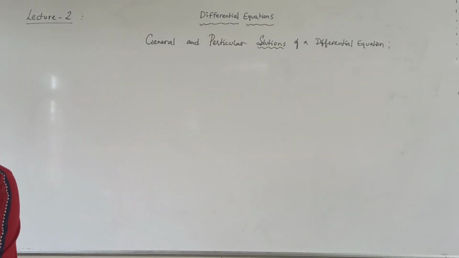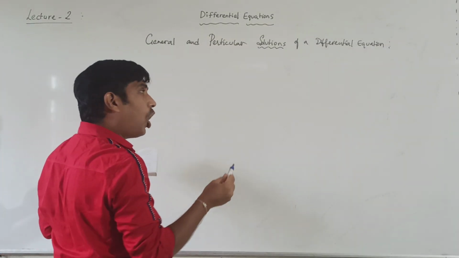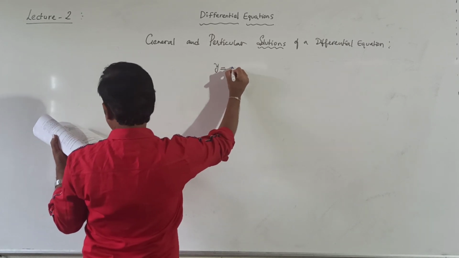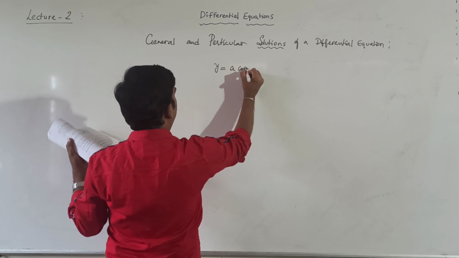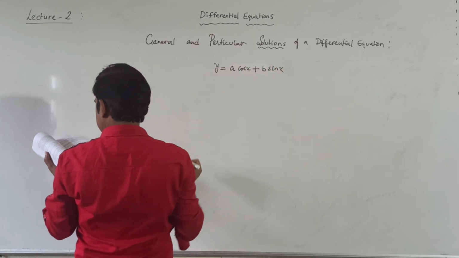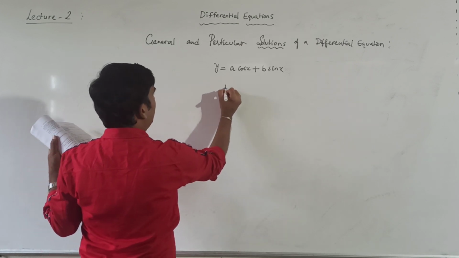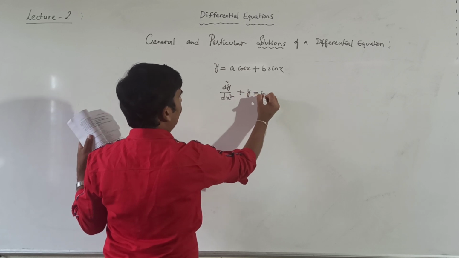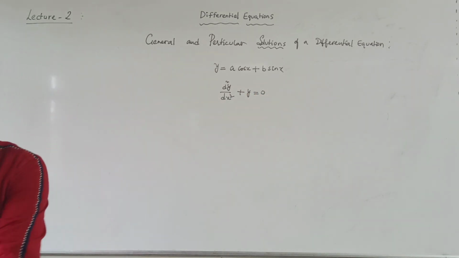One more problem, an important one for objective. We should verify whether y is equal to a cos x plus b sin x is a solution for d square y by dx square plus y is equal to 0. This is important.